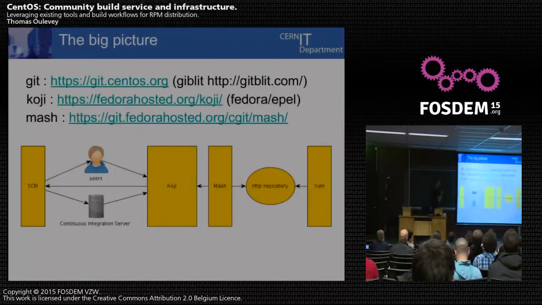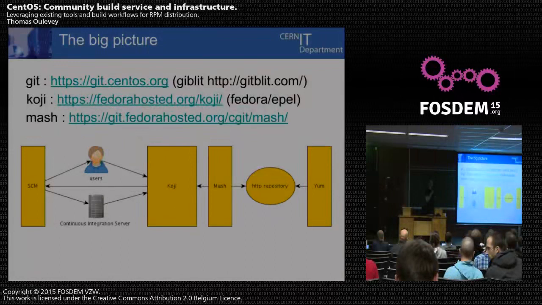For reaching our goals, we have basically three main components. The first is Git. The CentOS project is using Git as a service, so you can read a bit about this software over there. If you have more questions, we have a few persons around that know it better than me and can answer. We use Koji, which is what Fedora and EPEL are using.